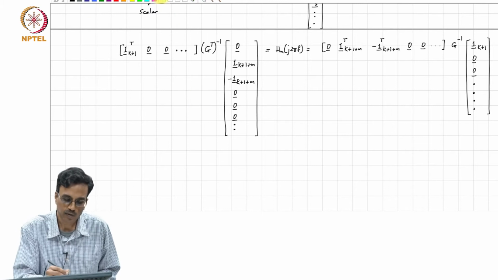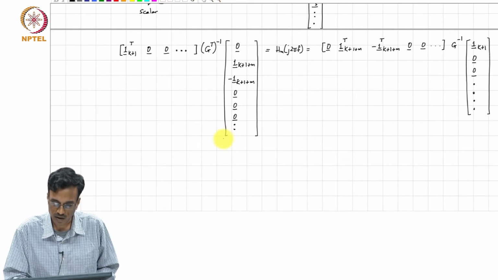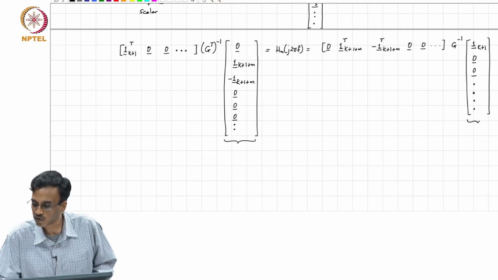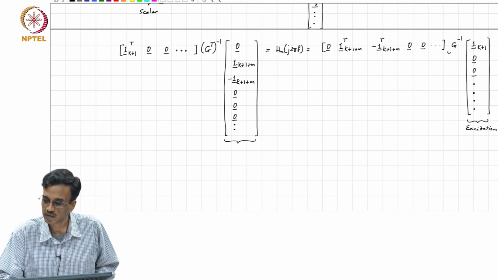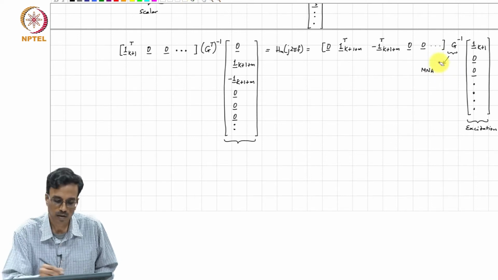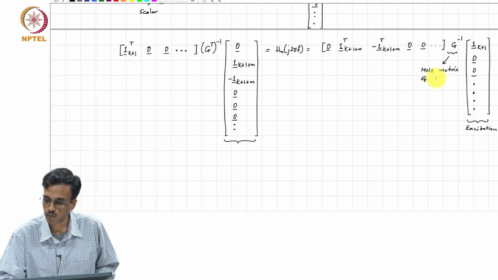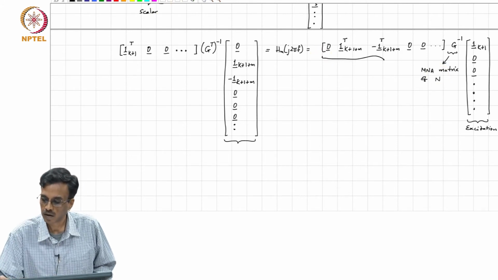Now, how do you interpret this? You can interpret the terms on the left in the following way. In the original network, this was the excitation, this was the MNA matrix corresponding to the network N, and this is the measurement.